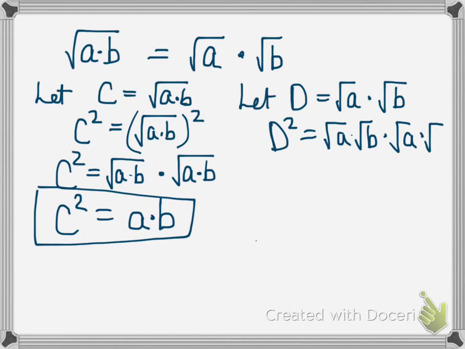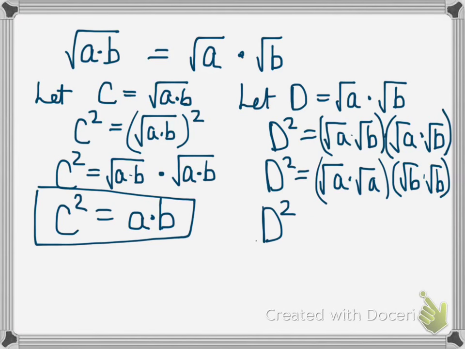So D squared is equal to, I'm going to use the associative property or the commutative property of multiplication. This is equal to square root of A times square root of A times square root of B times square root of B. Okay, so D squared is equal to this.